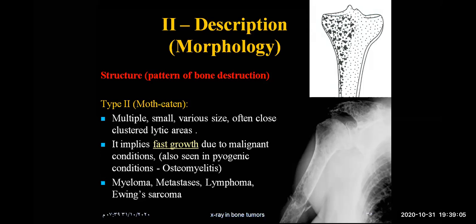If it is more than 1 millimeter, this is moth-eaten. If less, this is permeative. It implies fast growth. Most of the time it is due to a malignant condition, like multiple myeloma, lymphoma, and metastasis.